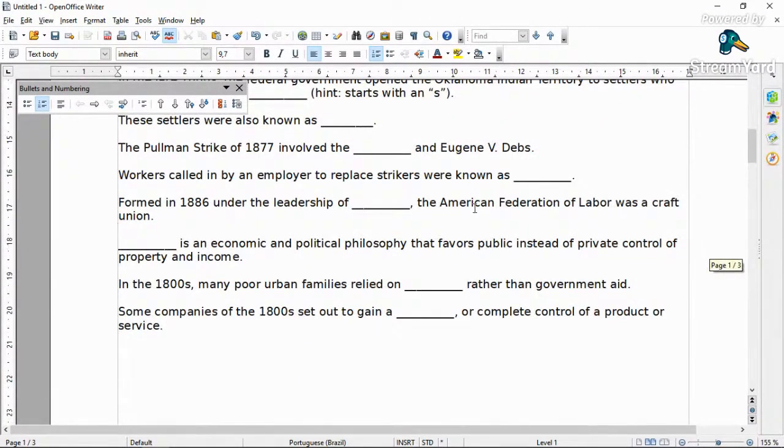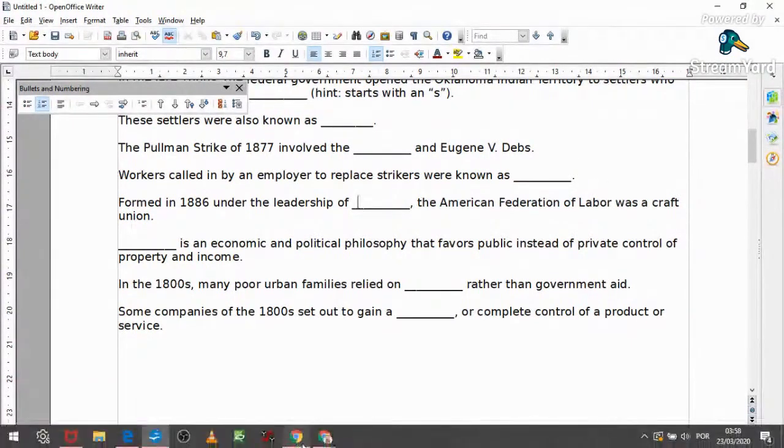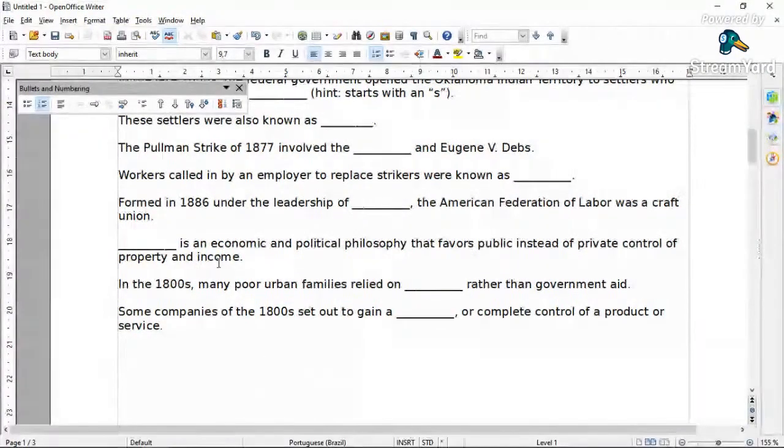Some of these we just read. AFL, okay? So we just found the answer to that one on the last page. An economic and political philosophy that favors public... Oh, we read about that. It's a guy whose first name begins with M, right? Many poor urban families relied on, rather than government aid.